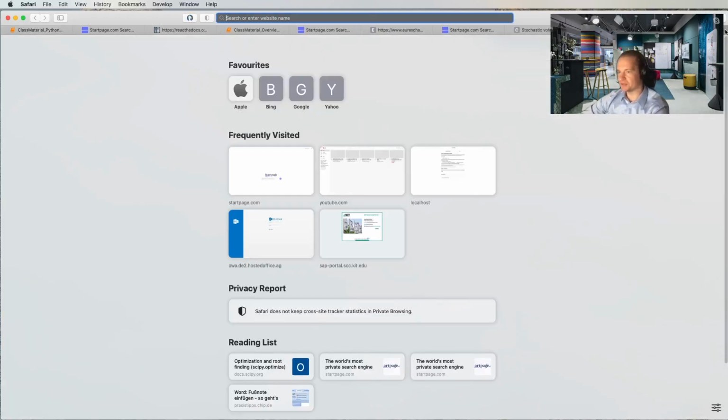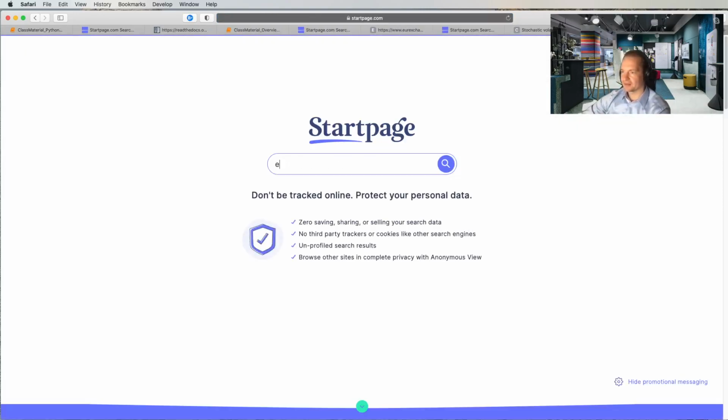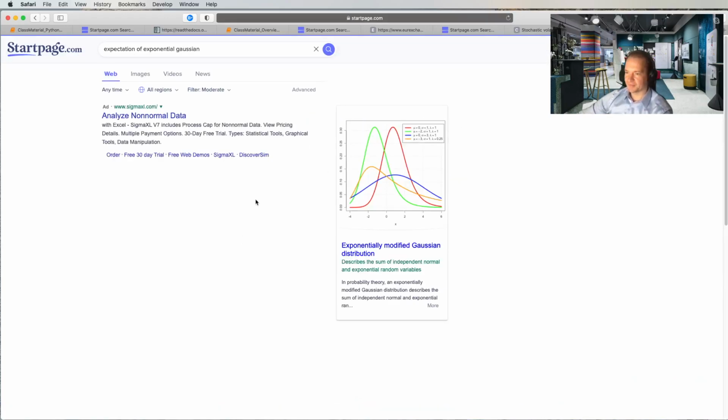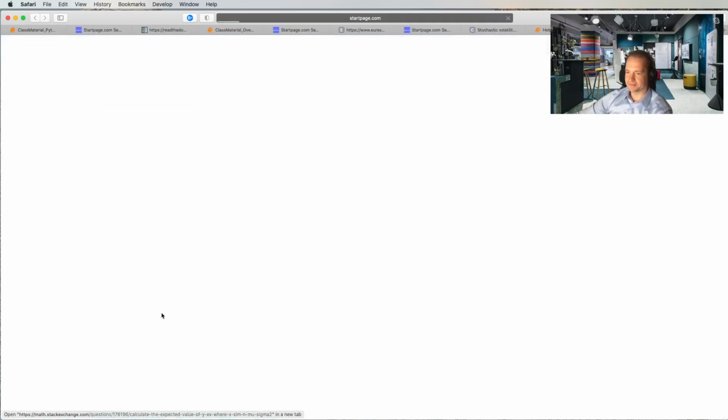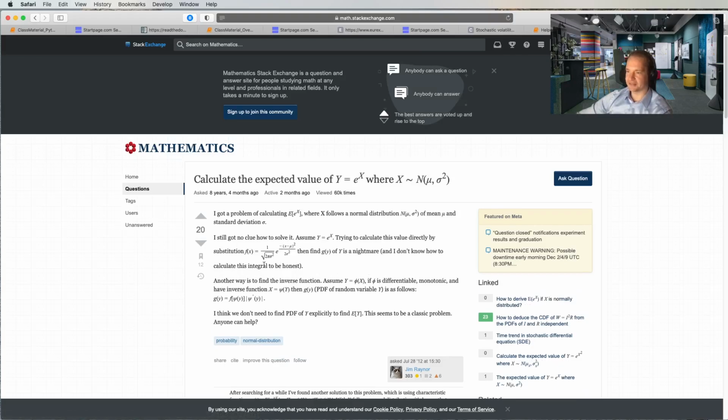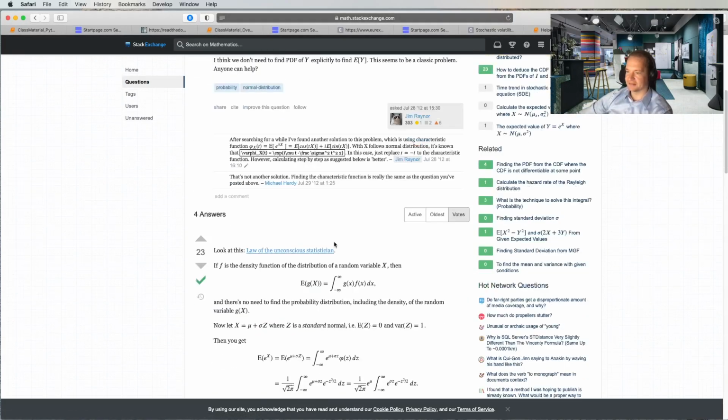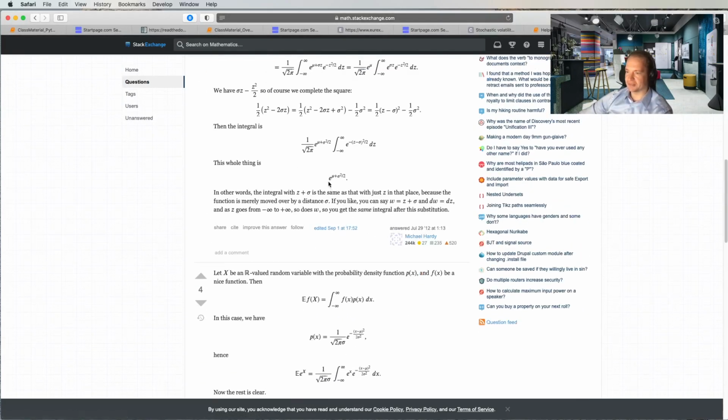If you just Google expectation of exponential Gaussian. Yeah, here, right? Just check that yourself. It's a very straightforward known formula. Here's the result. E to the drift plus half the variance.